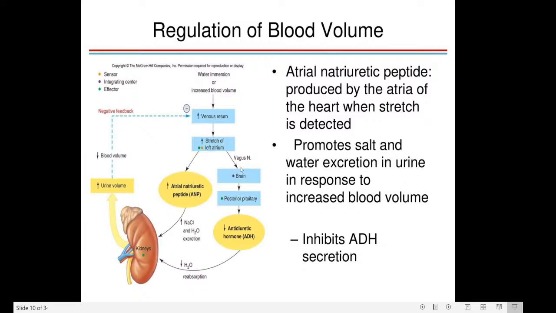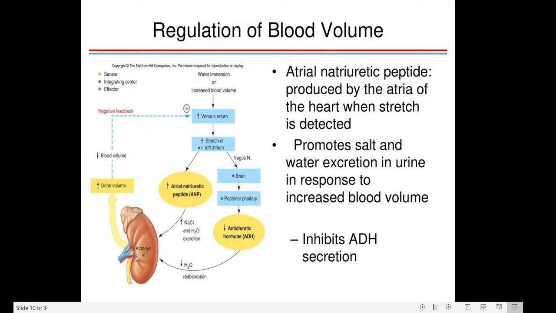The stretching of the left atrium sends a signal to the brain, and the brain produces antidiuretic hormone. These hormones cause reabsorption. At the same time, in the other pathway, the atrial natriuretic peptide causes Na+ and H2O excretion. Both happen in the kidney, and due to this the urine volume becomes high.